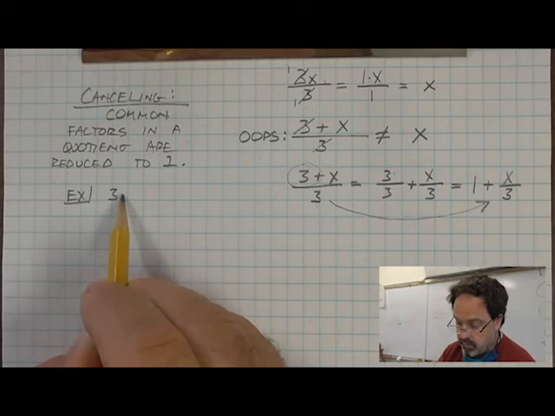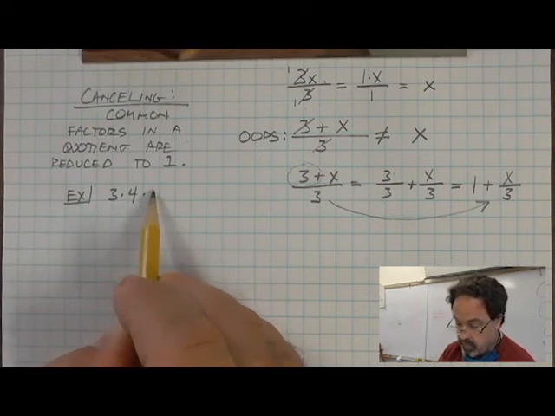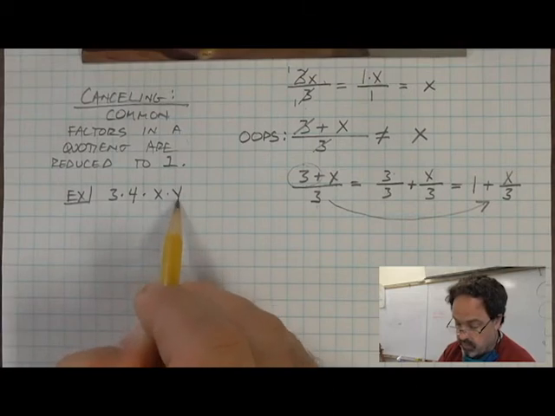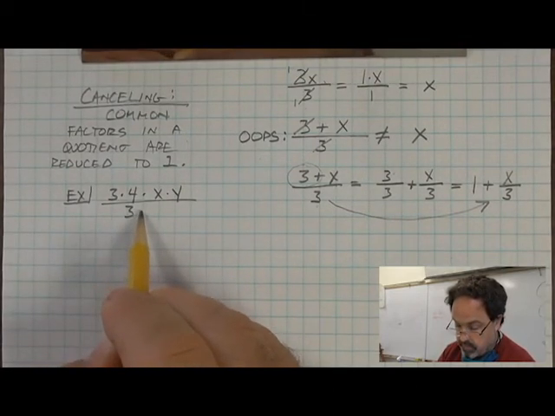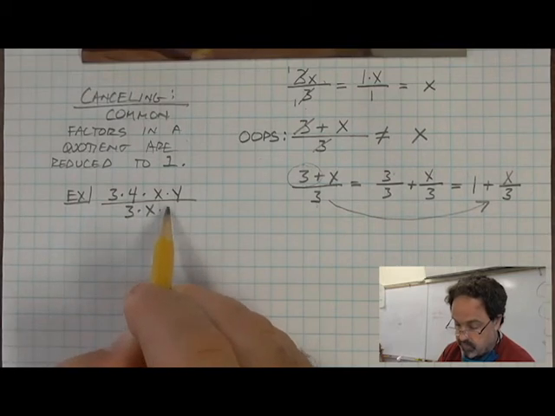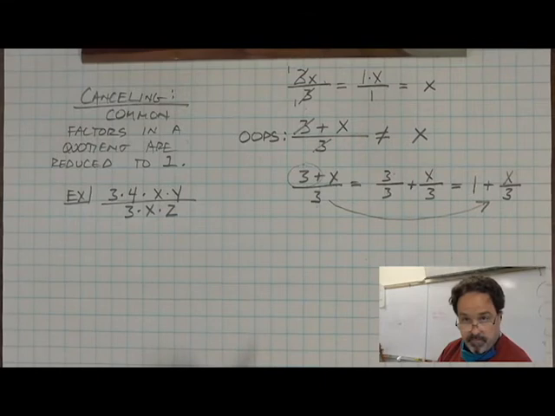Here I'm going to draw a quotient, a fraction, 3 times 4 times x times y divided by 3 times x times z. Now this is a quotient, and if it had common factors, then I can reduce them to 1.